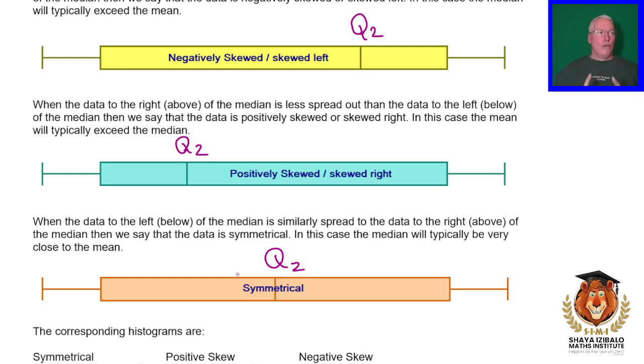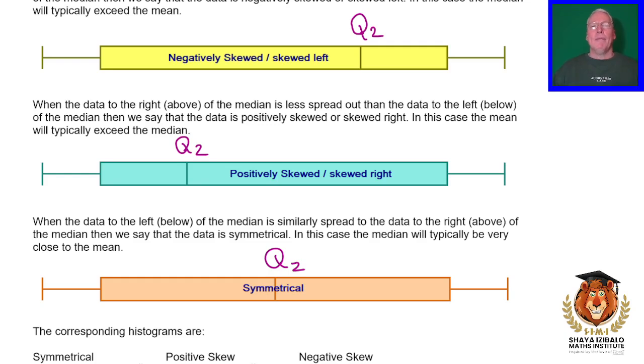But what is true for negatively skewed data, or data that's skewed left, is that the data below the median is more spread out than the data above. Positively skewed, or skewed to the right, the data above the median is more spread out than the data below the median. Symmetrical data is where the spread is the same on either side.